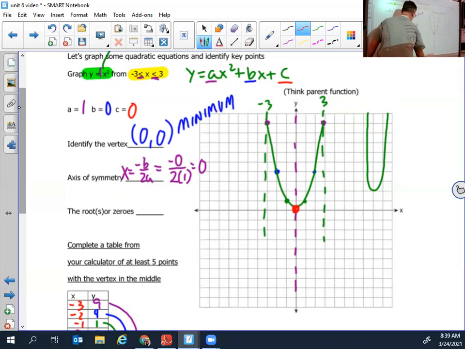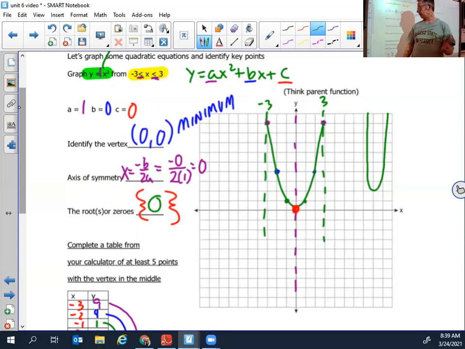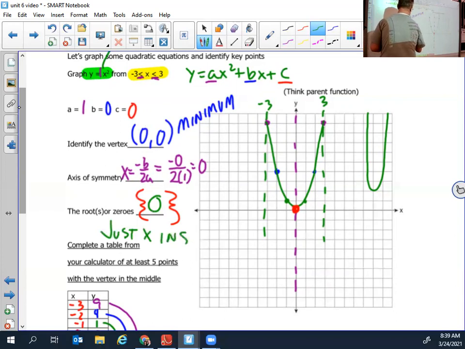So what you're going to do is do a squirrely bracket, okay? That was a nice one. And you're just going to put a 0 in the middle of it, okay? You do not write it as a point. Your zeros or your solutions or your roots are just the x coordinate. So this is just the x in set brackets.